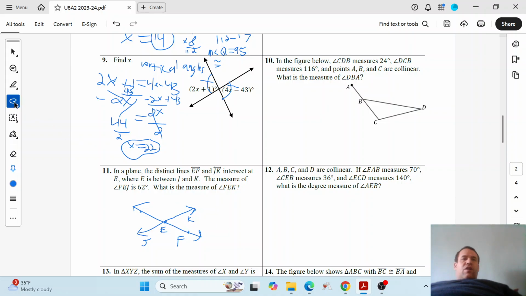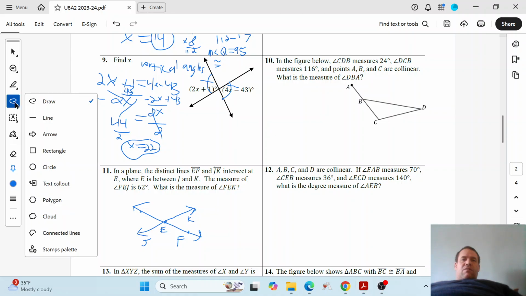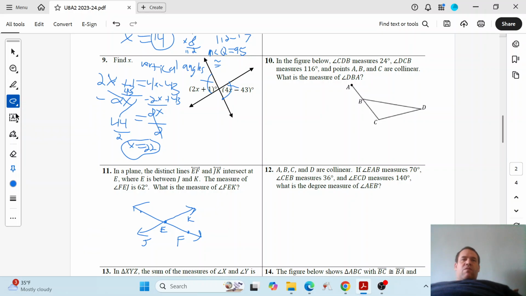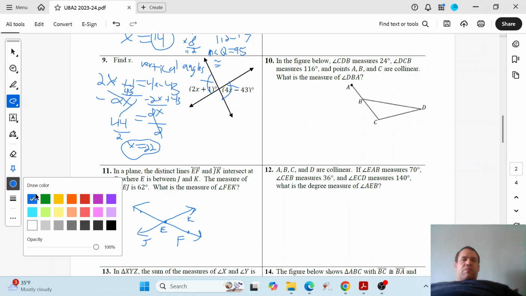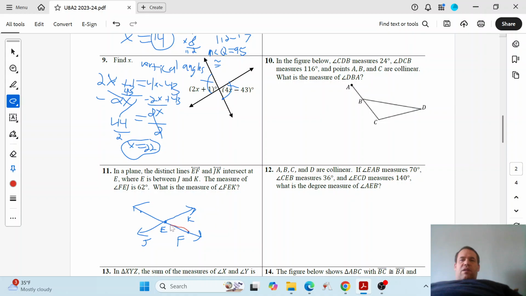I don't really see different colors, so just carry on with blue, I guess. I like different colors. Oh, there it is. Okay, so we have FEJ, they say, is 62 degrees.